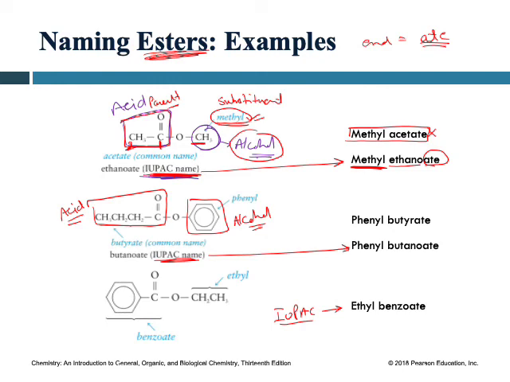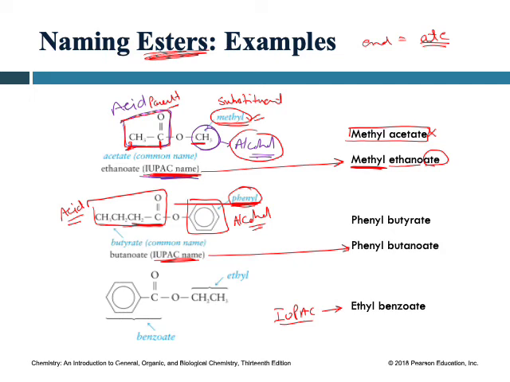So remember this: if benzene acts as a substituent onto the main chain, we don't write benzene, we write phenyl, because in this particular case the benzene ring acts as a substituent on the parent chain. So if the benzene ring acts as a substituent, we use the term phenyl, right?